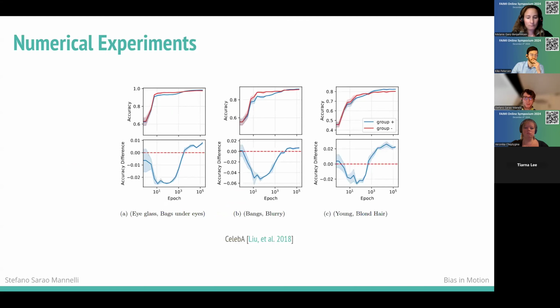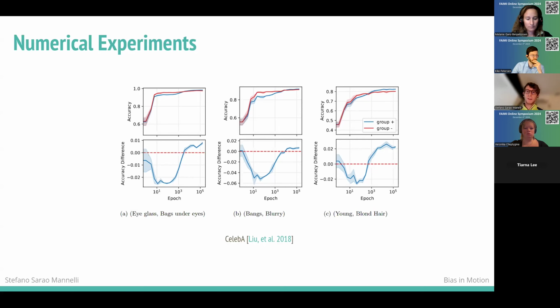And finally, just to go beyond the simplicity of the model, this is a series of runs that we have done on the cell-based dataset, where the first element is the group that we are considering, and the second element is the attribute that we are classifying for.